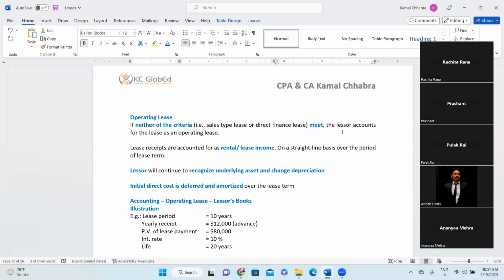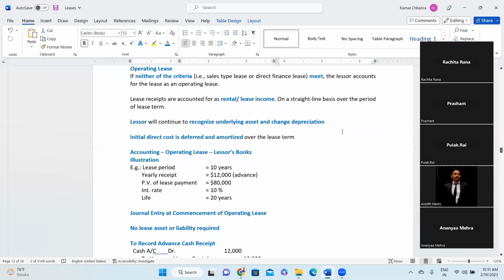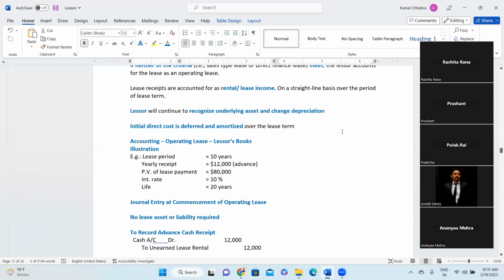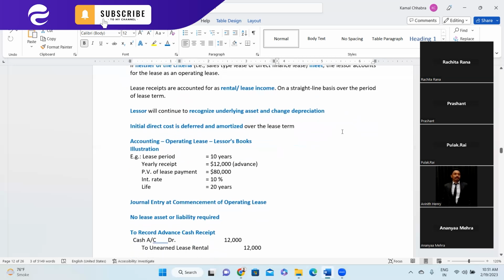Lease receipts are accounted for as rental income, or you can say lease income, on a straight line basis over the period of the lease term. Lessor will continue to recognize the assets and charge depreciation. So when it is an operating lease, there is no requirement to derecognize the assets.